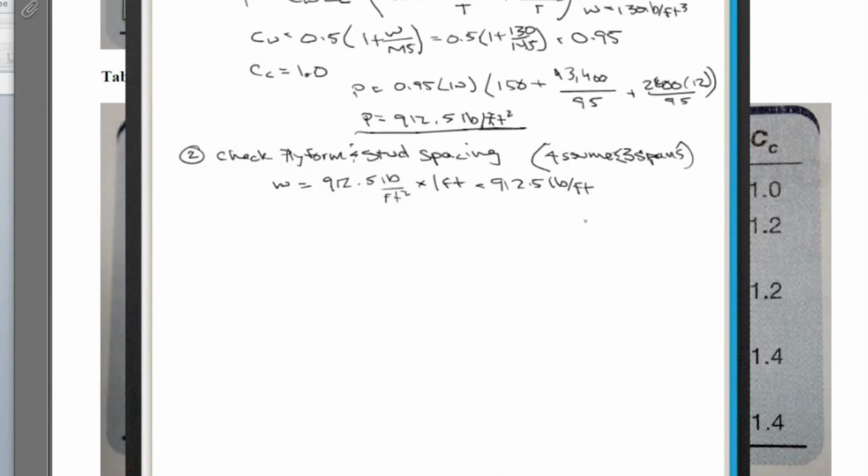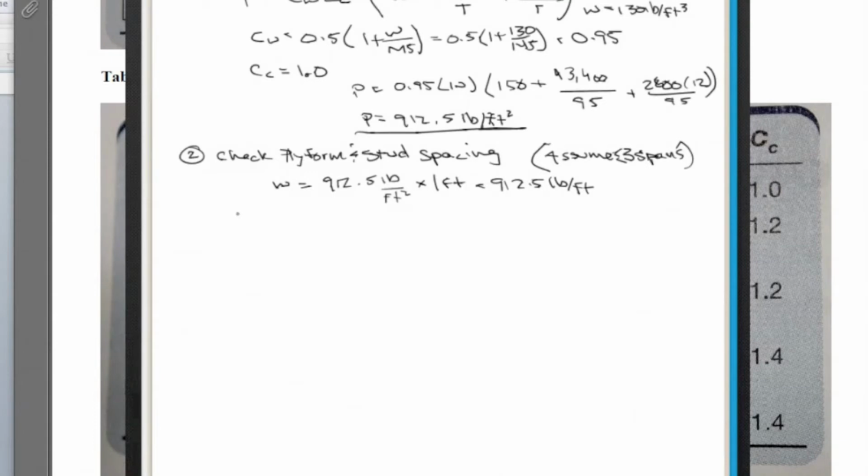That doesn't seem like it's a big deal, but later on when we have different spacings and whatnot, this number could change. But just conceptually, we can get from a pressure to a weight distribution along 1 foot.